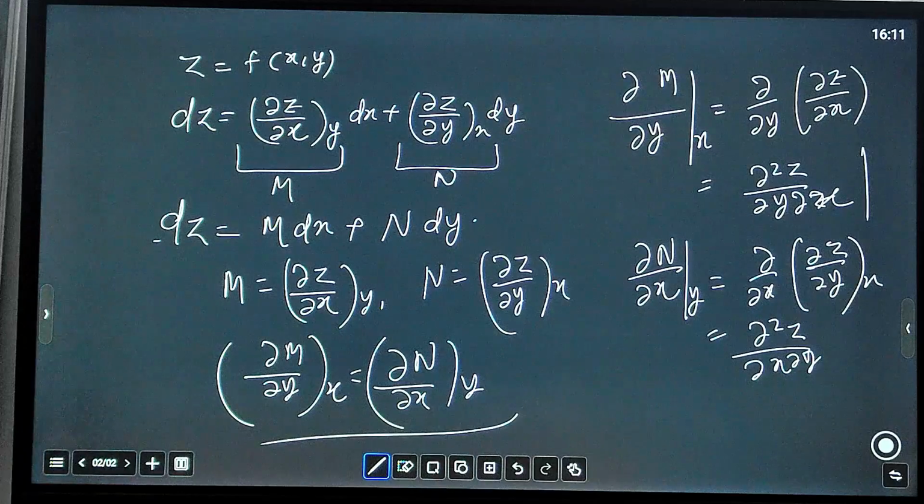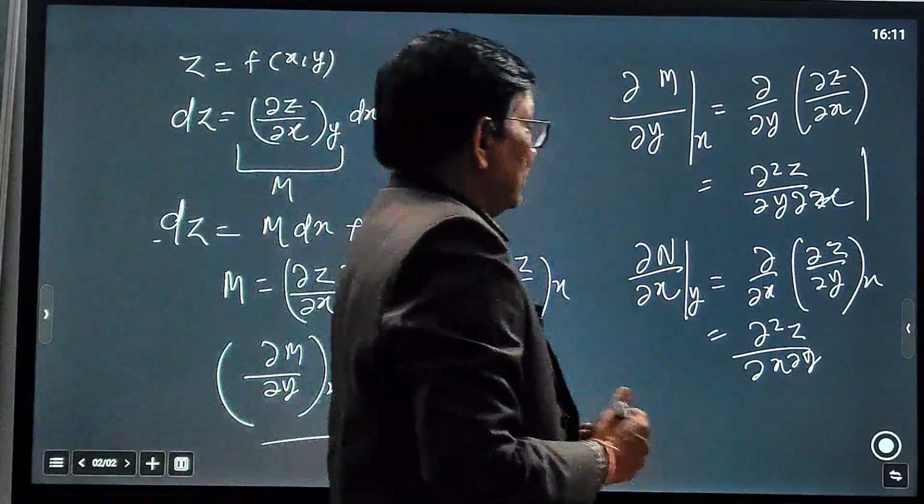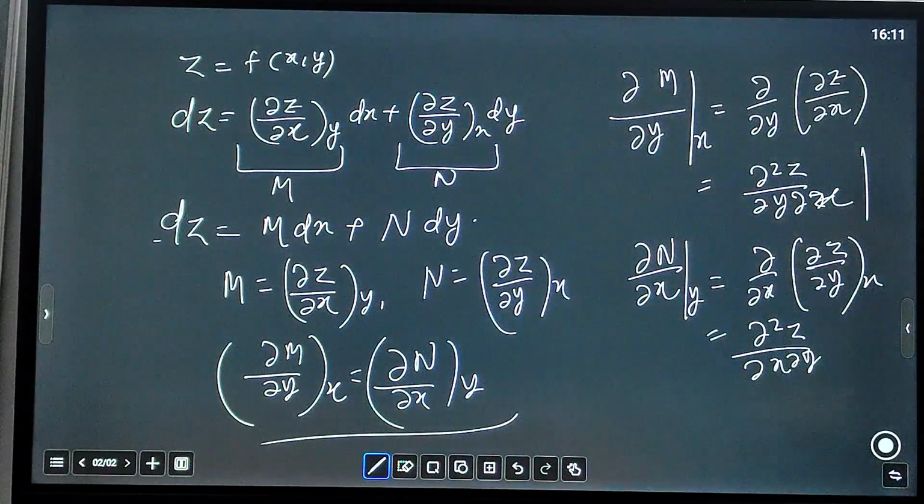This relation we will use for the derivation of all Maxwell relations.